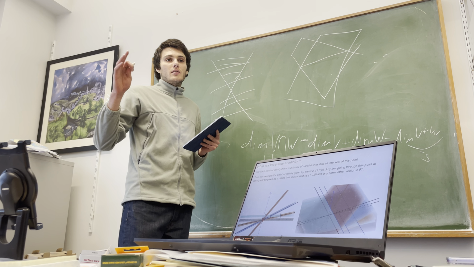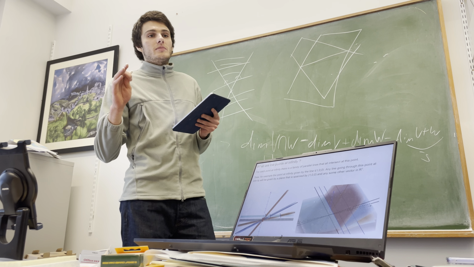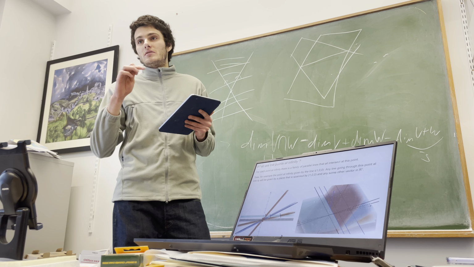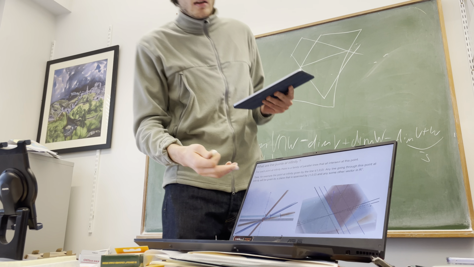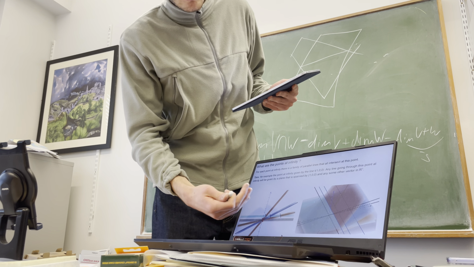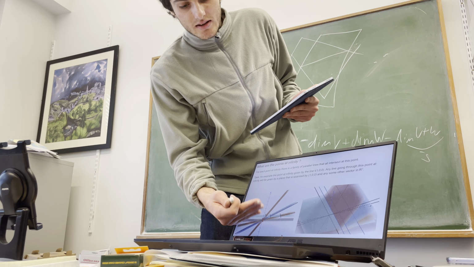Any line that goes through this point at infinity in the projective plane will be given by the plane that is spanned by the vector (1, 0, 0) and some other vector, any other vector in fact. And so you get this picture, you get these planes, right?